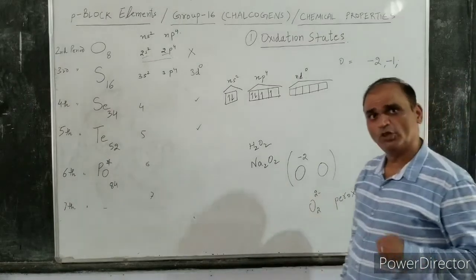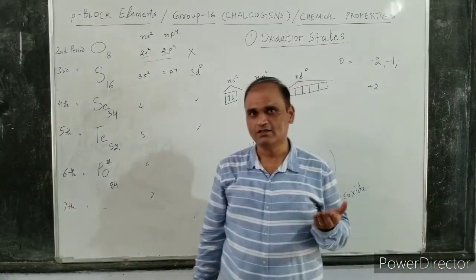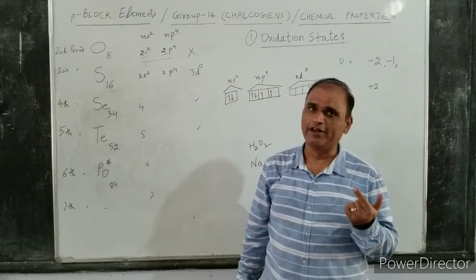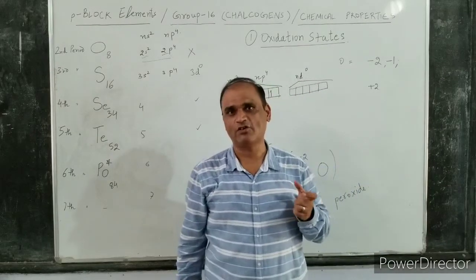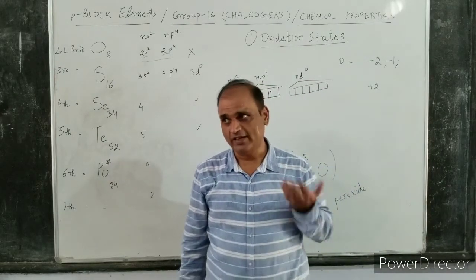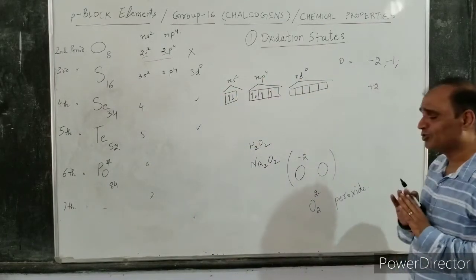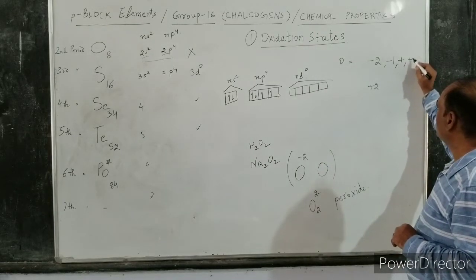Then one more thing. One element in this world is more electronegative than even oxygen, and you know that is fluorine. So fluorine being more electronegative than oxygen, when oxygen combines with fluorine, it cannot show negative state. It will show +1 or +2 state.